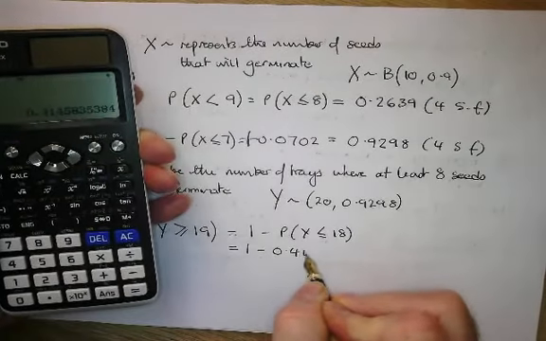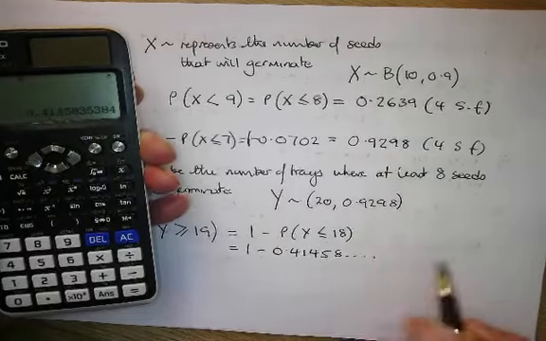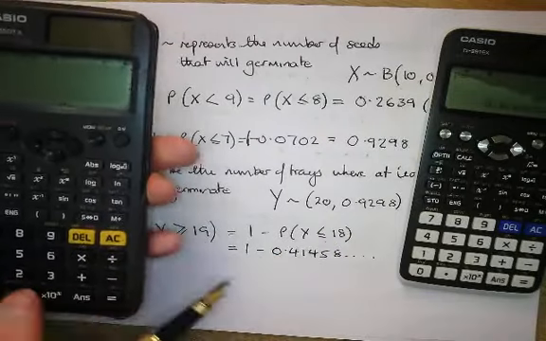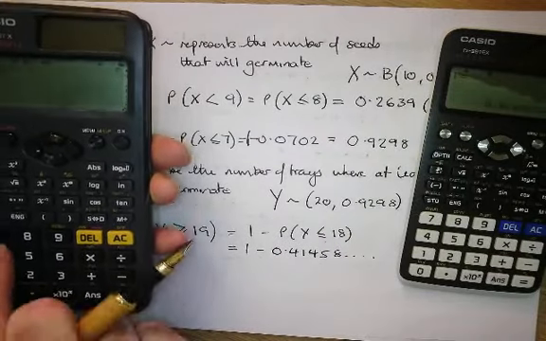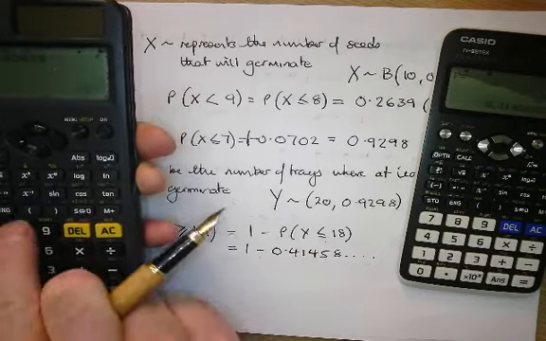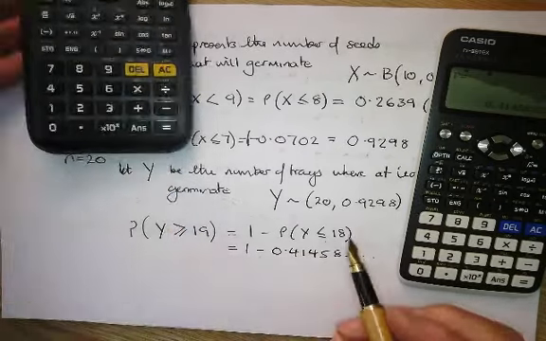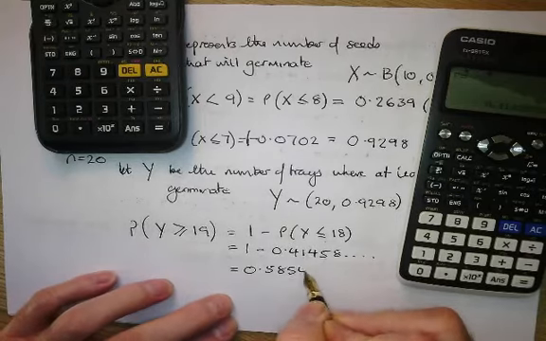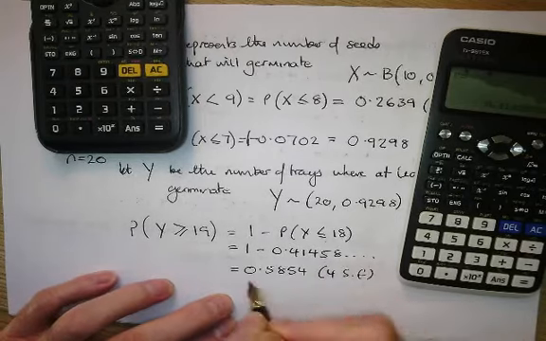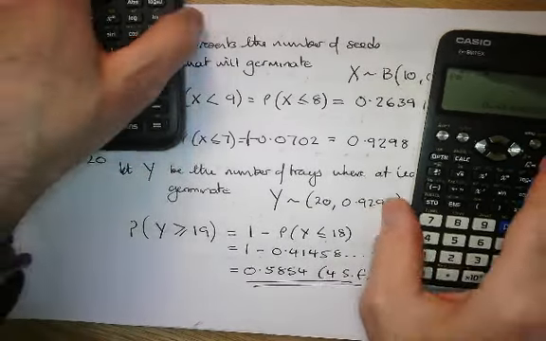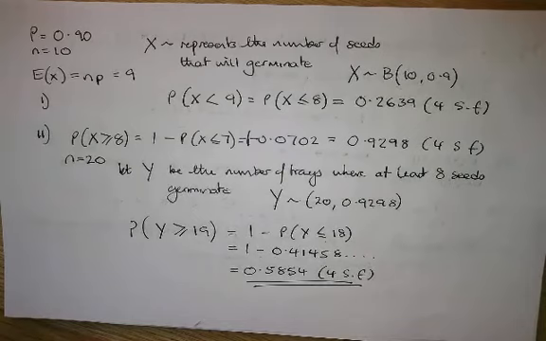And so again, remember, Simon, do the 1 minus it. So I get my other calculator. I know some of you are screaming at this thing, saying why don't you just do it this way? But I don't, because I'm old and I'm happy. So there you go, 0.5854 to 4 significant figures. And that's how you do these questions. Hope this has helped. Have a nice day.